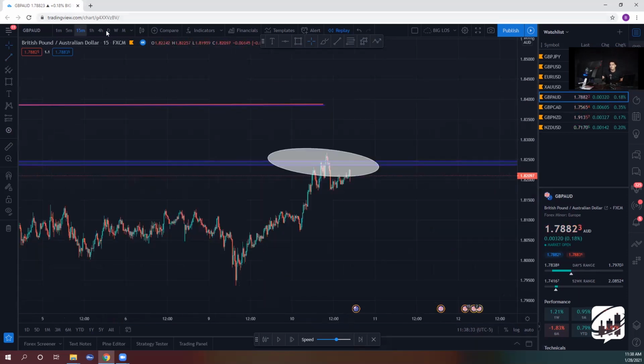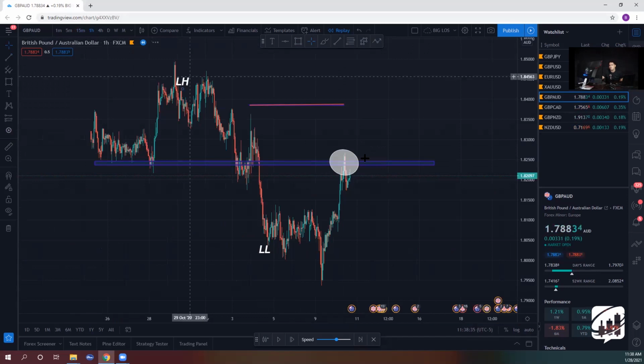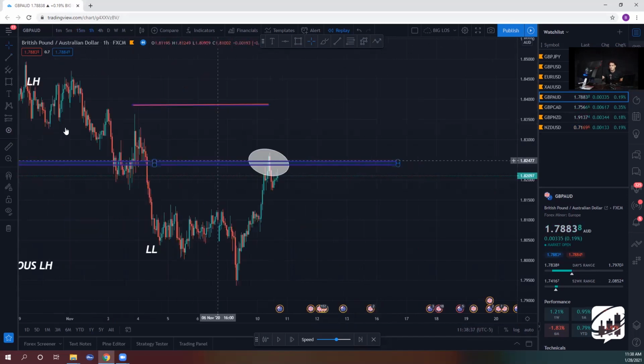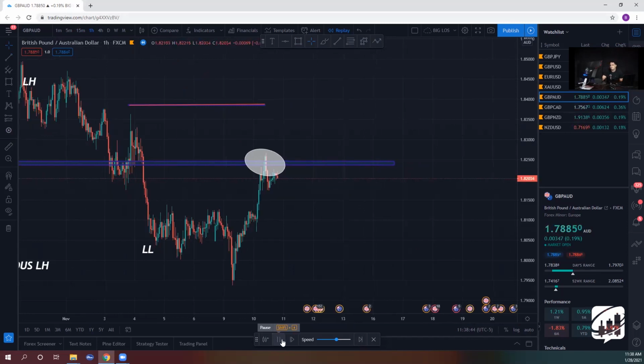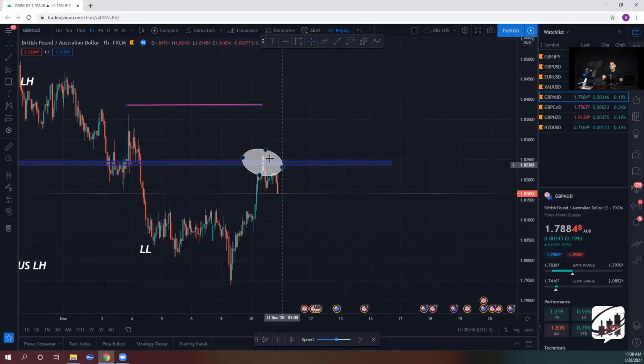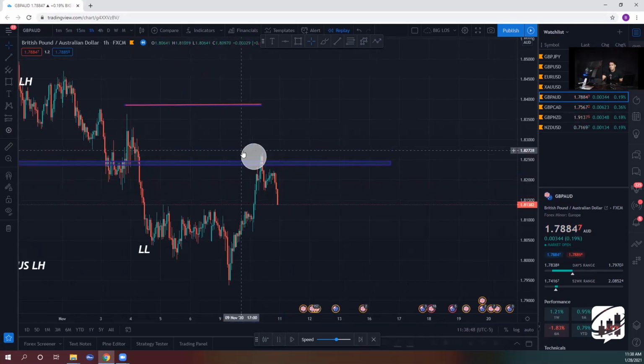So now we found our stop loss. Now let's see how this trade interacted. Again, this little ellipse right here is our entry.